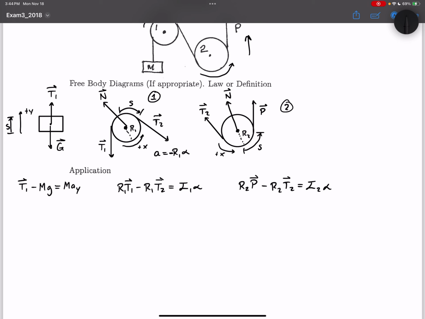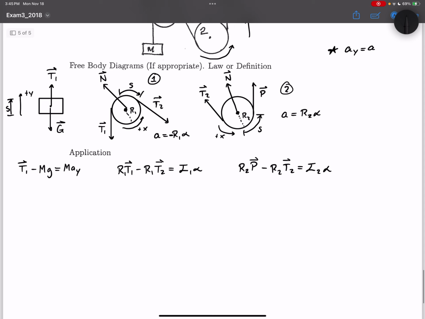I should write over here that we're just going to define a_i as A for that. And then for pulley 2, it is rotating in the counterclockwise direction, so it's going to be equal to capital R2 times alpha. That's how we can relate angular acceleration to acceleration in this regard.